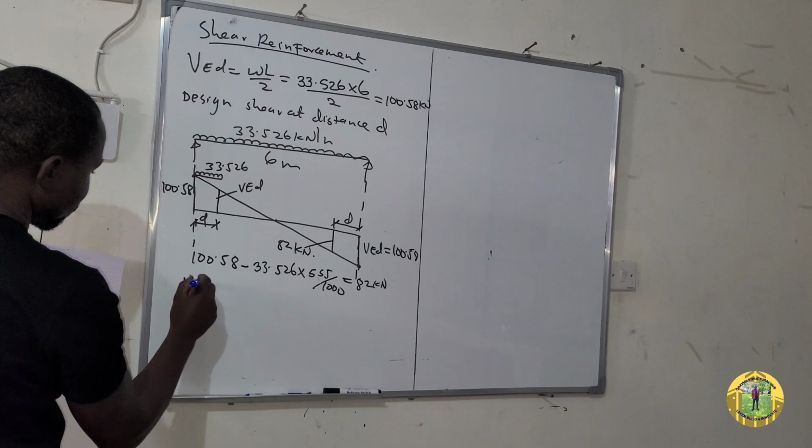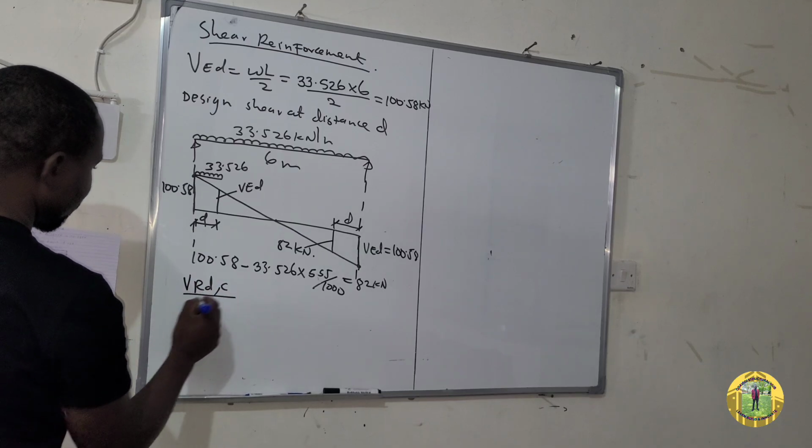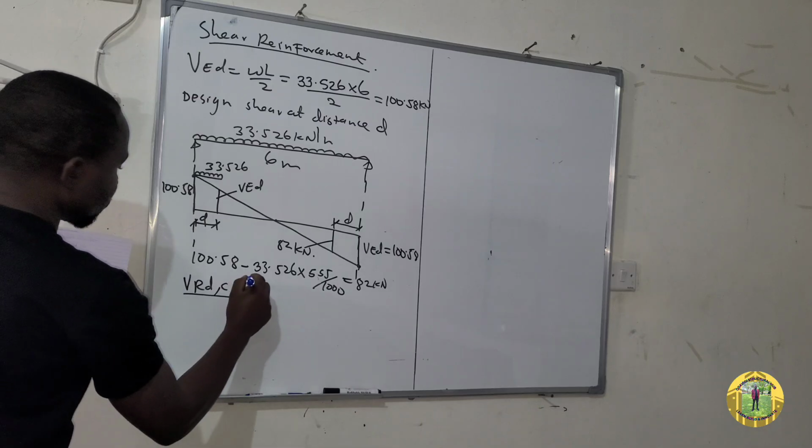Now VRDC is given by this formula, and this is the shear resistance of concrete.